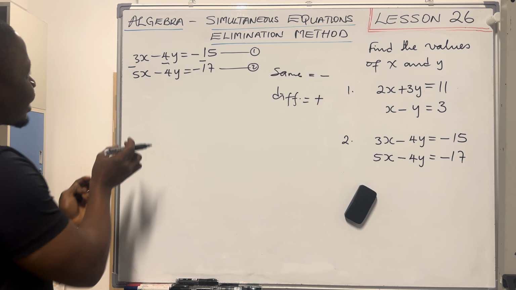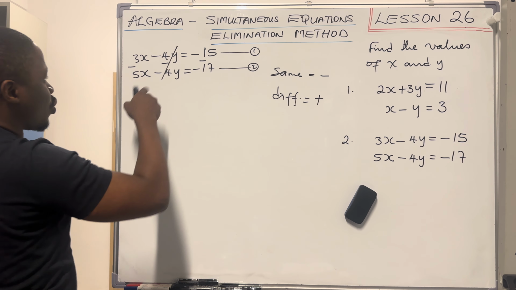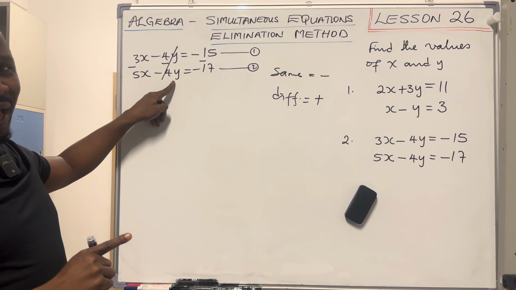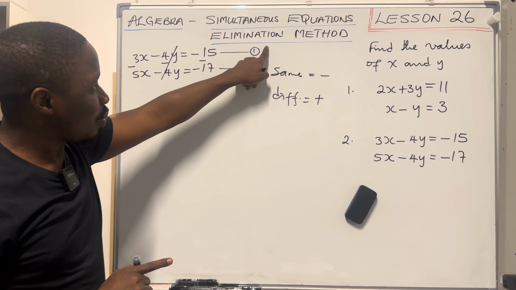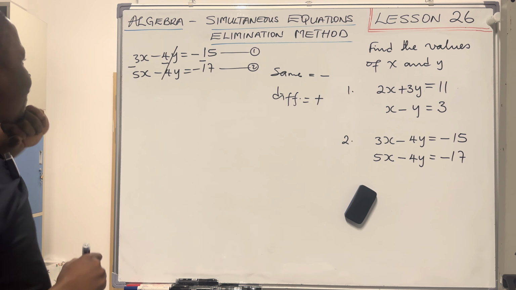So we say this minus this, this minus this. But you can also decide to say this minus this, no problem. But you cannot say this minus this, then this minus this. You don't do that. But the particular terms that are equal, they always go, meaning we have eliminated y. The reason the method is called the elimination method.